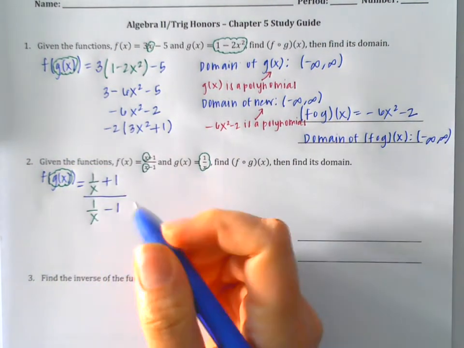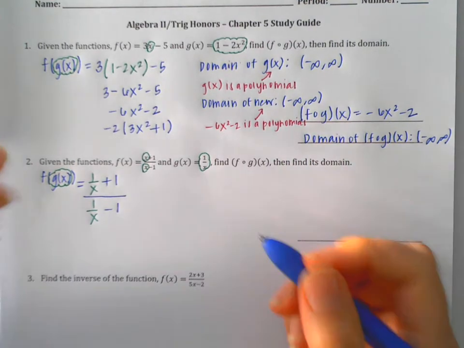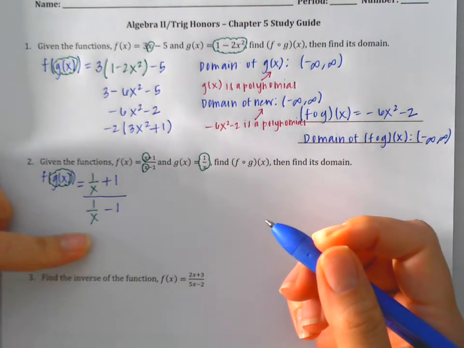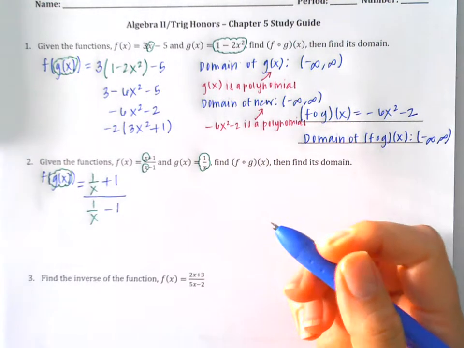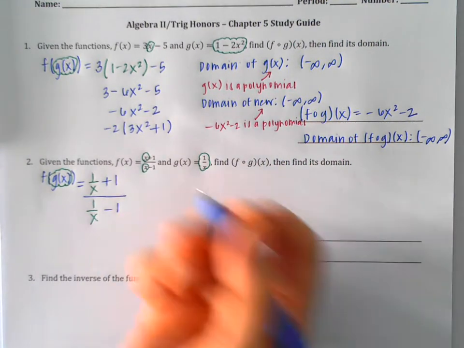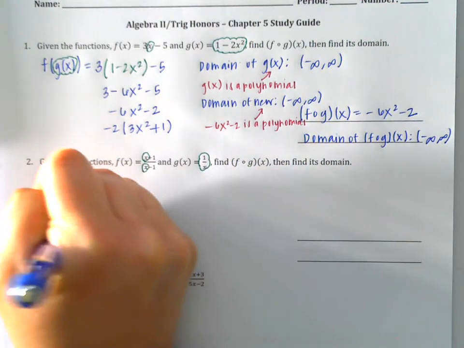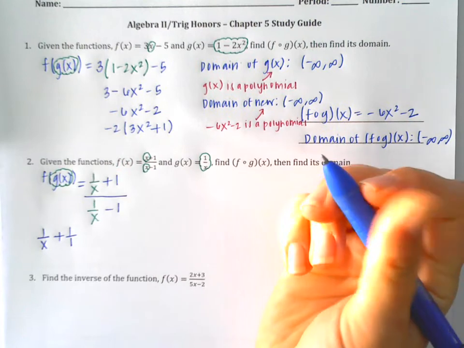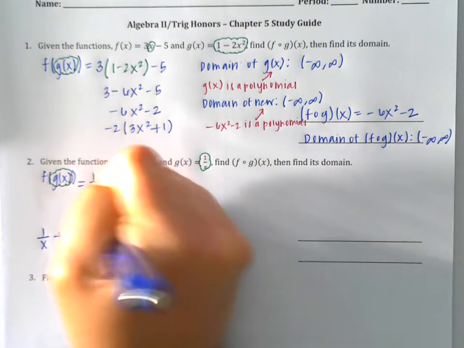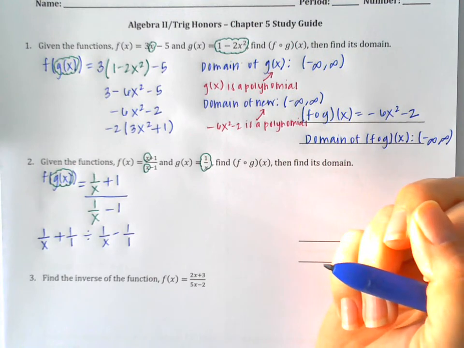Now I have a fraction on top and a fraction on bottom. What I want to do is separate them out first, which helps me visualize it a little better. So I'm going to rewrite that as 1 over x plus 1, written as 1 over 1, and then divided by 1 over x minus 1, again written as 1 over 1.